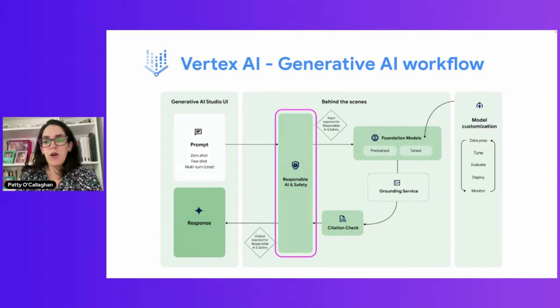Okay, then this is being sent, and it gets to the responsible AI and safety module. What happens here is that the prompt is being analyzed in order to find risks, or content that you really don't want to allow into the workflow.